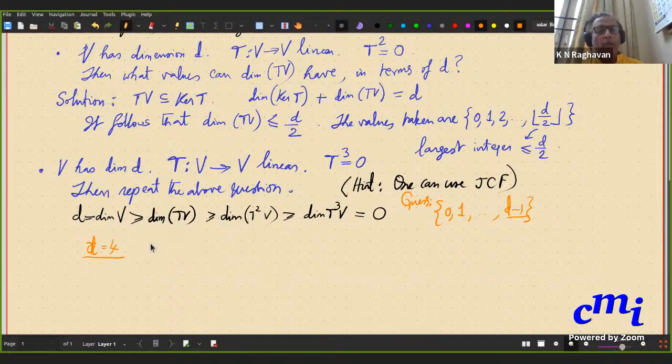And suppose I take the rank of T to be 3. Can you construct such a matrix with T cubed equal to 0?